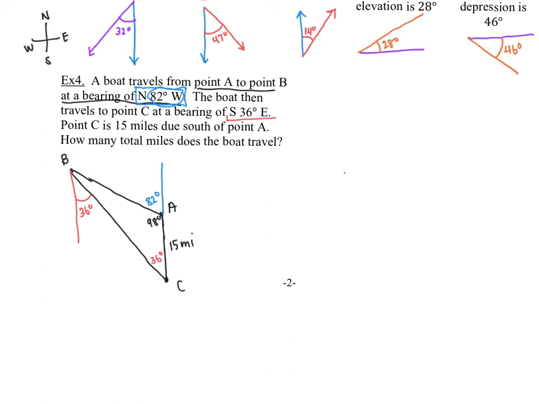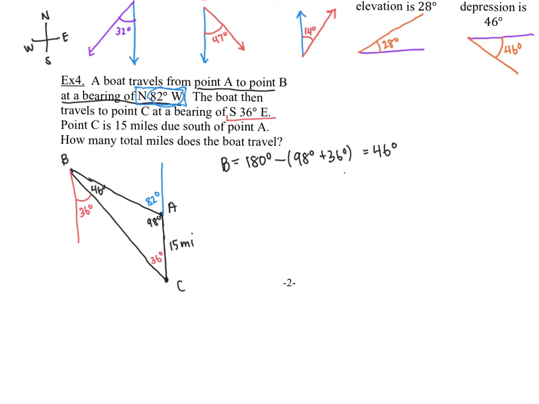If I know that two of the angles are 98 and 36, I could get angle B by doing 180 degrees minus 98 degrees plus 36 degrees, which gives me 46 degrees.